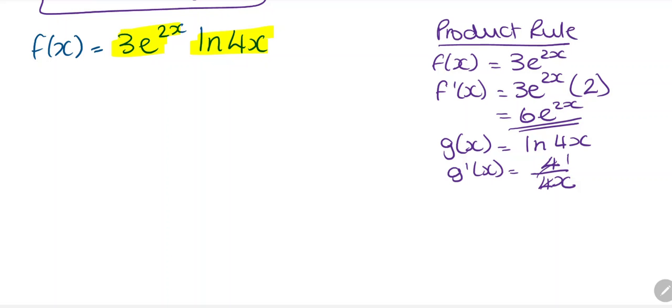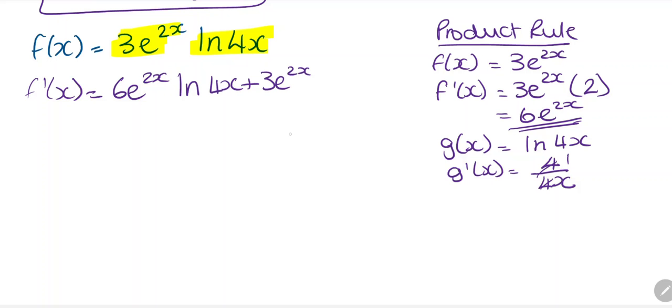So now let's put it into the product rule. For f prime of x, we want f prime, which is 6e to the 2x, multiplied by g of x, which is ln 4x, plus now we want our f of x, which is 3e to the 2x, multiplied by g prime of x, which is 1 over x. Now we're just going to simplify.